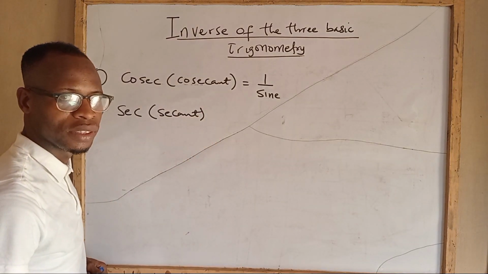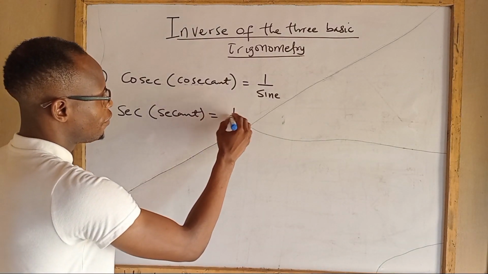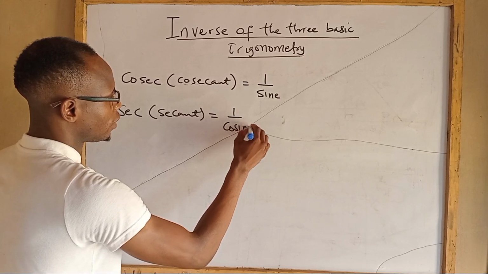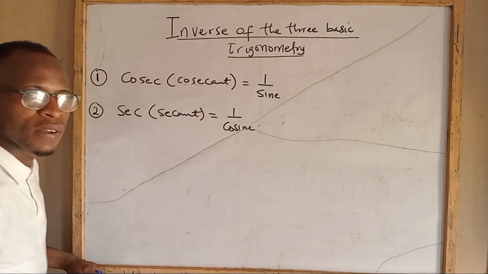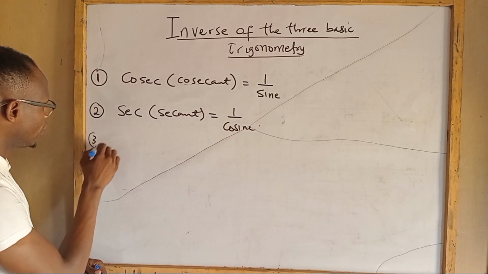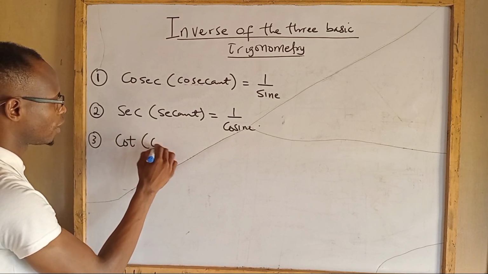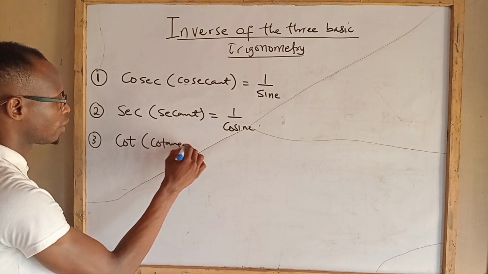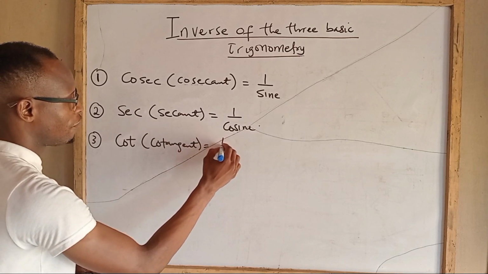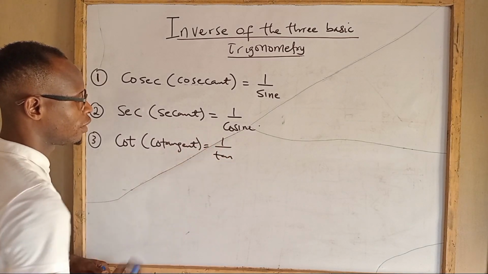Are we following? Secant is the inverse of the cosine. Thirdly, which is the last one, we have the cot, which is the same thing as saying cotangent, which is the inverse of the tan.